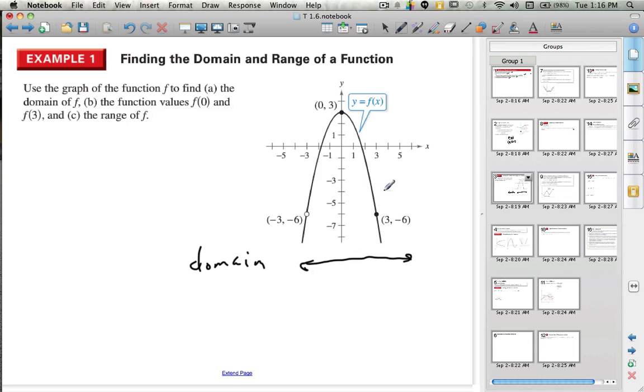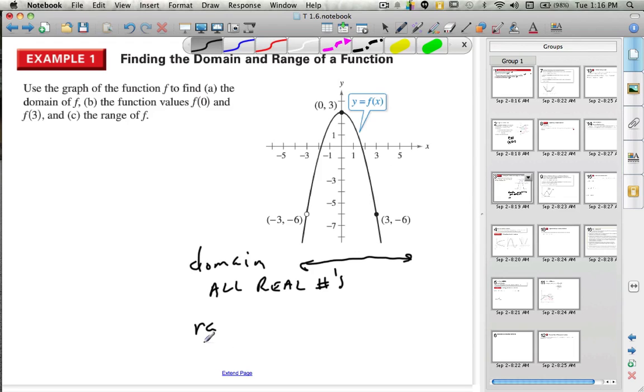And in this case, the answer is no. There's no restriction. There's no gap in the graph. There's no barrier on the right or the left side. This one's going to travel on forever in each direction. So this would be all real numbers for the domain.